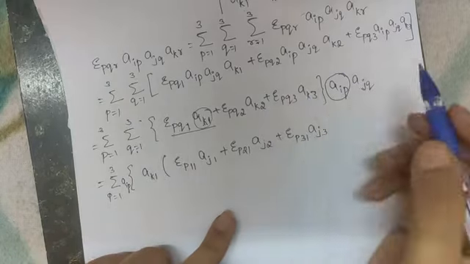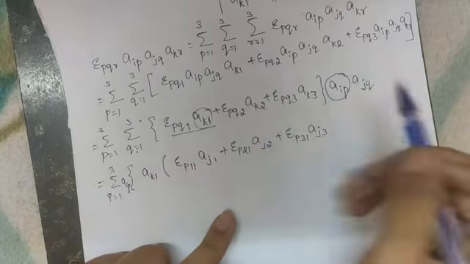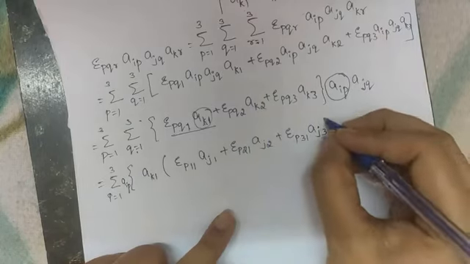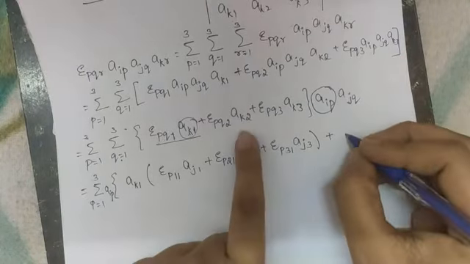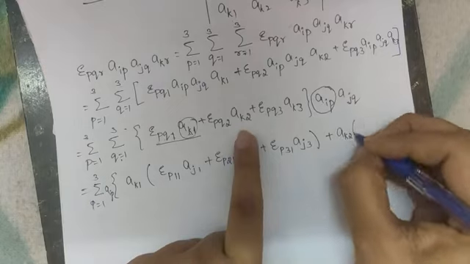Again I will get three more terms for this and three more terms for this, right? Plus here I will take ak2 as common.